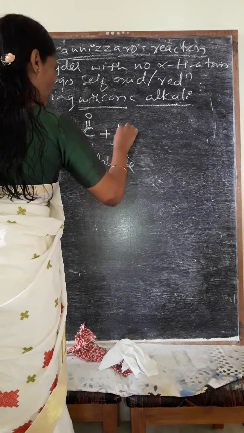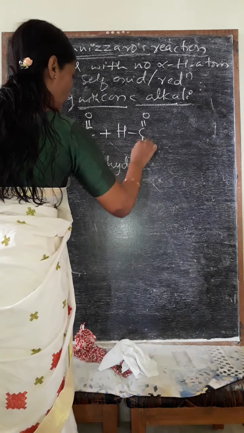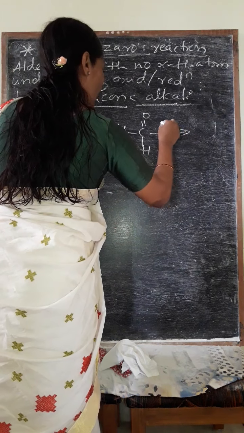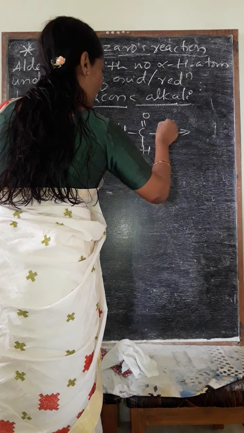And one more molecule I will take: 2 molecules of the aldehyde. They undergo self oxidation and reduction in the presence of concentrated alkali. The alkali is either concentrated KOH or concentrated NaOH.